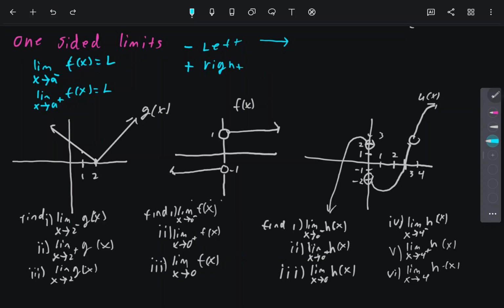Now, it's important to note that a limit as x approaches a will only exist if the limit as x approaches a from the left of f of x is equal to the limit as x approaches a from the right of f of x.